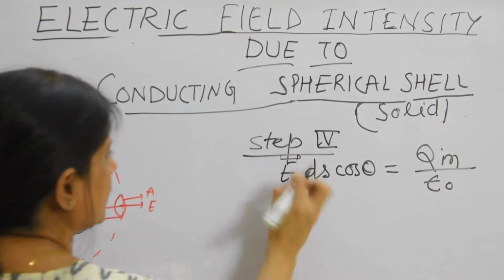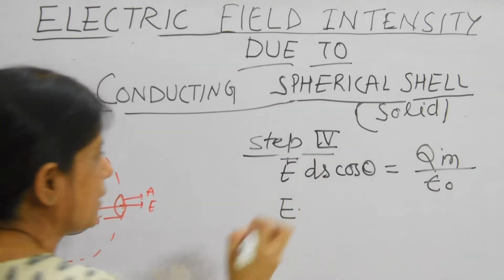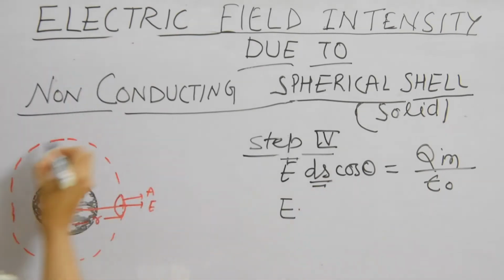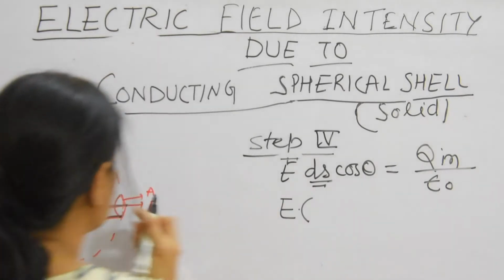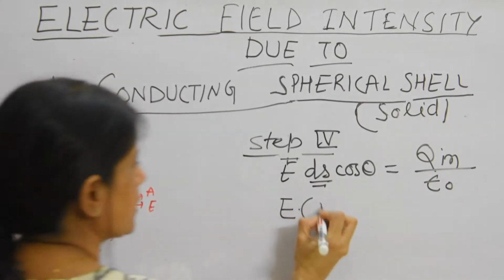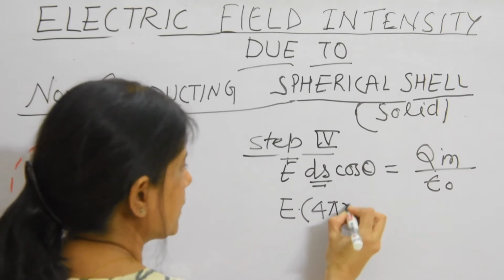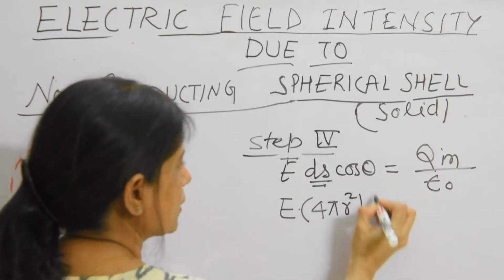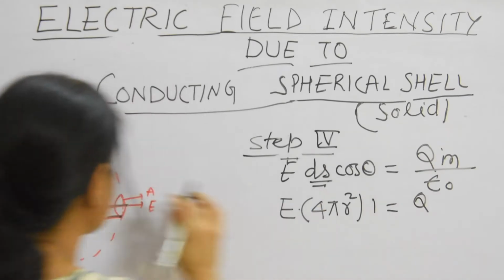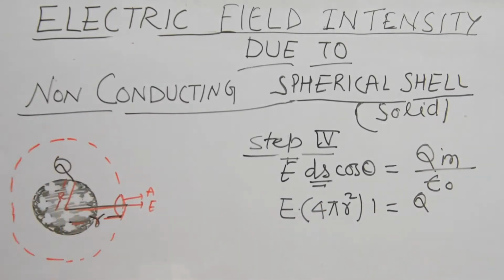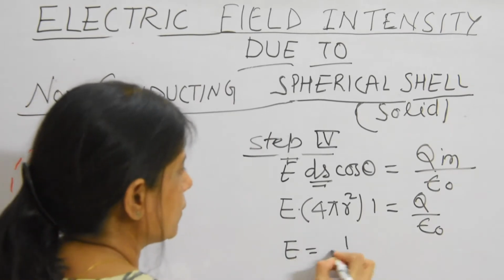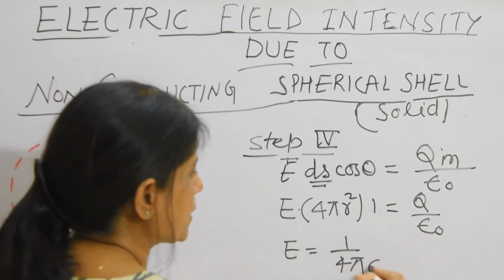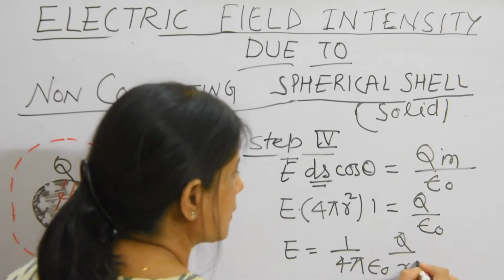E we have to calculate. ds is the surface area of the sphere with radius small r, which is 4 pi r square, and cos 0 is 1. Q is the charge given to this solid sphere, upon epsilon naught. So E is equal to 1 upon 4 pi epsilon naught, Q upon r square.